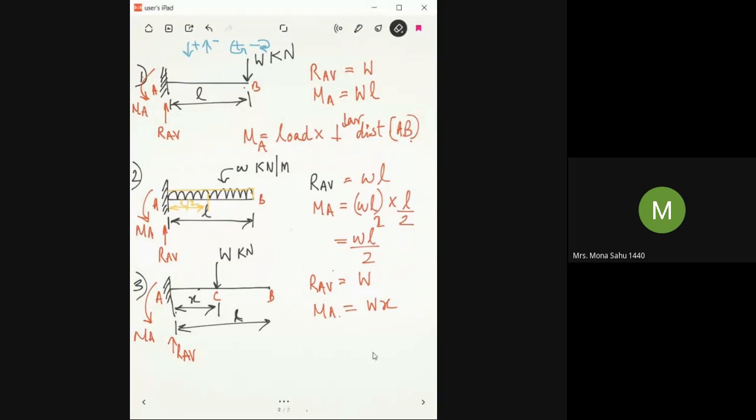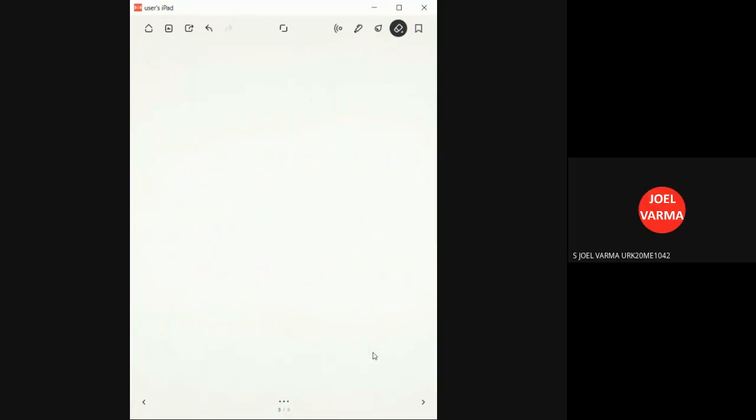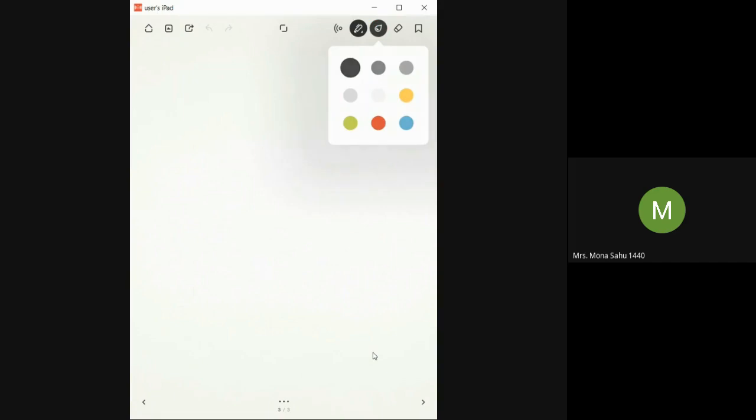Done? All right, the fourth case, sorry. Let's take again a cantilever beam.